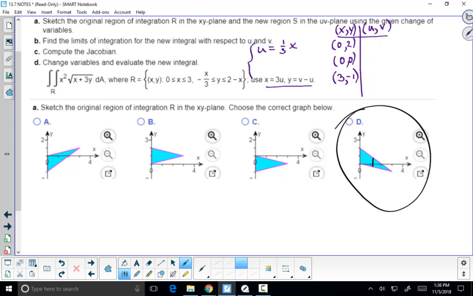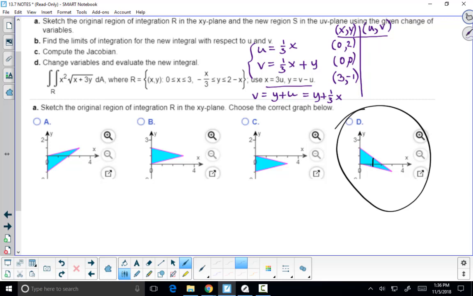And then v is going to be y plus u. Why did I do that? I'm trying to solve for v, and u is equal to 1/3 x. Thank you, now I know why I did that. We want to solve for v, so we want to substitute the x from above.